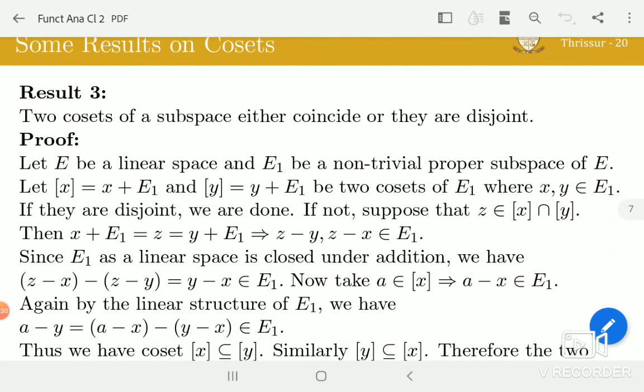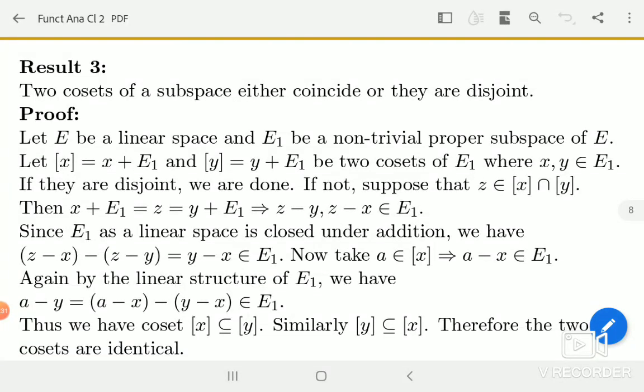Now one more result on cosets: two cosets of a subspace either coincide or they are disjoint. This is what I told you before, that the idea of cosets is the idea of equivalence classes. Already we know that equivalence classes will either be identical or disjoint, so the same idea applies here.